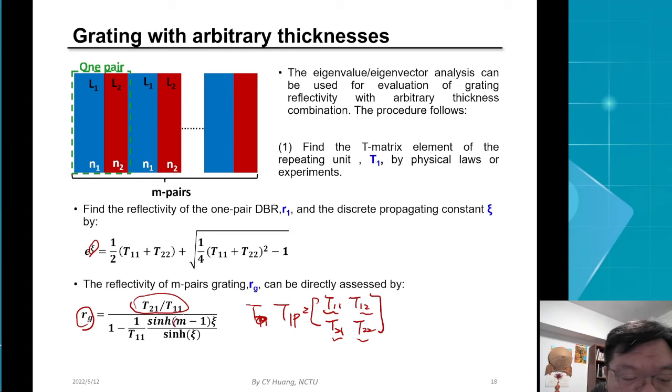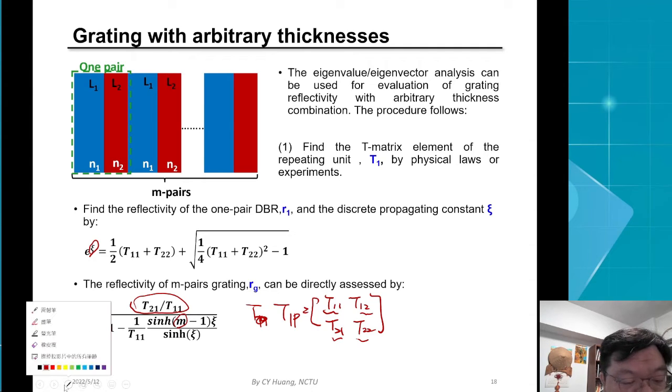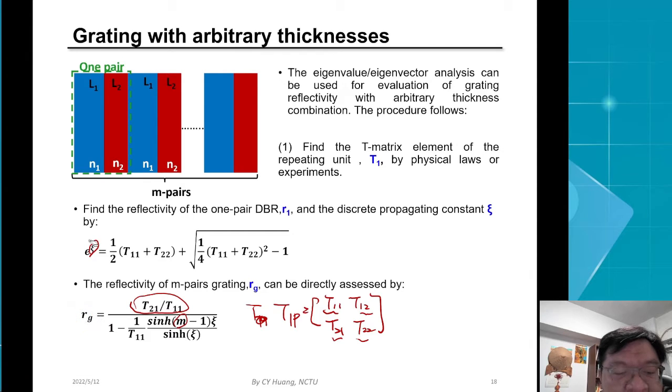Then with N pairs, basically you can directly calculate it, although the form of how it looks is not so elegant. It looks a little bit complicated, but let's see how we obtained this result.